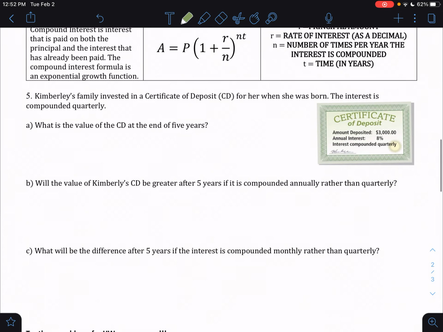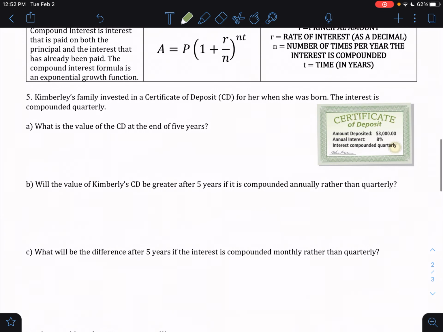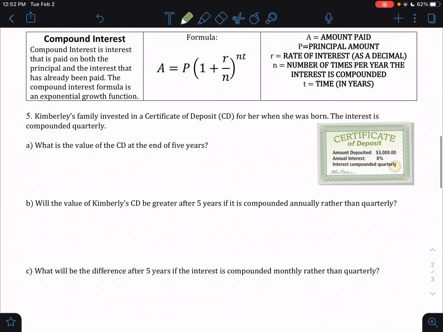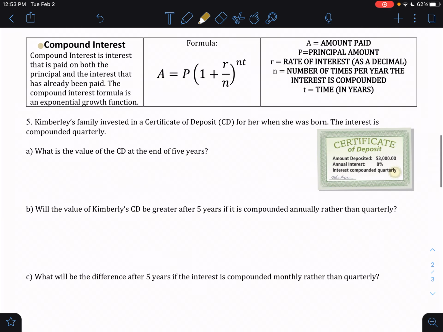We have one more formula here and then a problem of 3 parts to try. So this one is compound interest. Compound interest is the interest that is paid on both the principal and the interest that has already been paid. So the compound interest formula is again an exponential growth function.